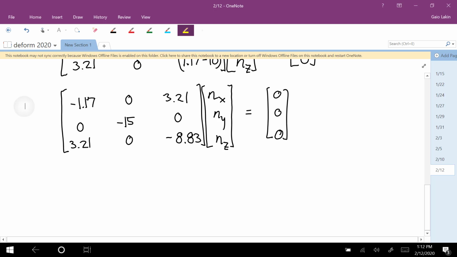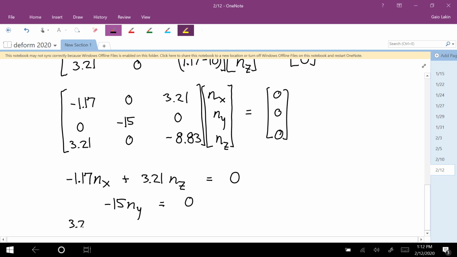And our equations are negative 1.17 nx plus 3.21 nz is equal to 0. And then negative 15 ny is equal to 0. And then 3.21 nx minus 8.83 nz is equal to 0.